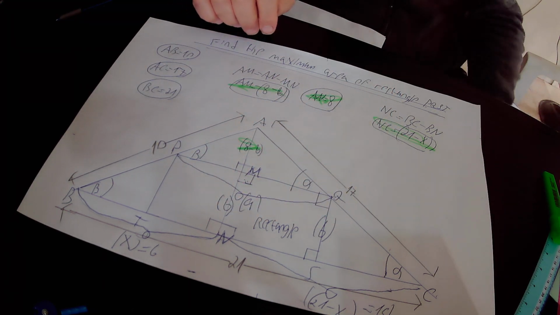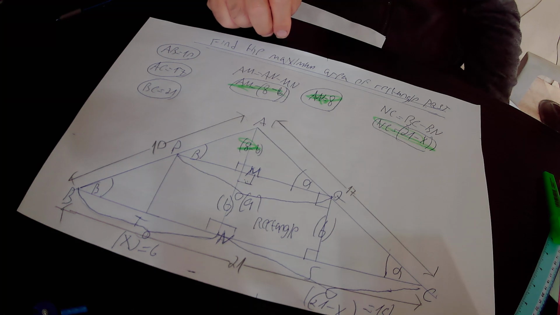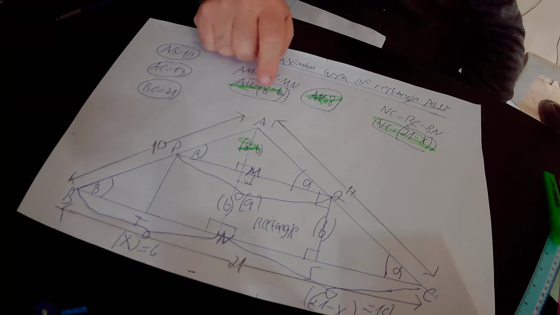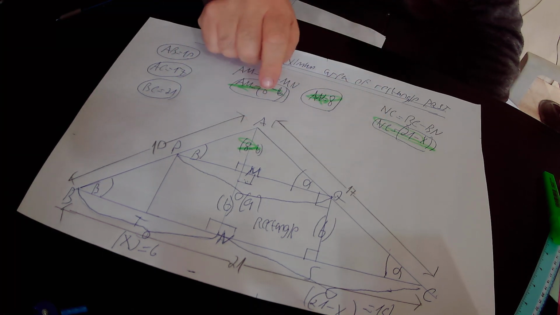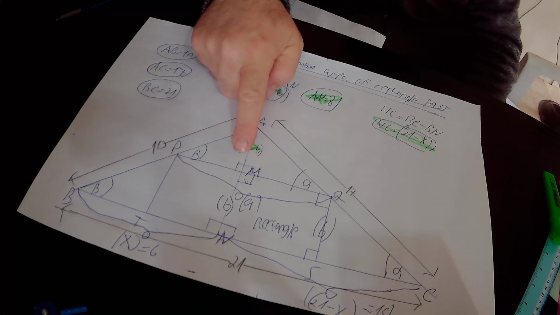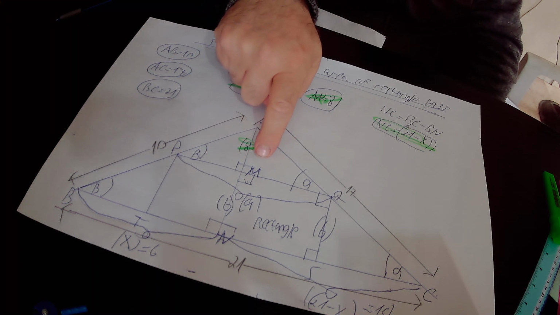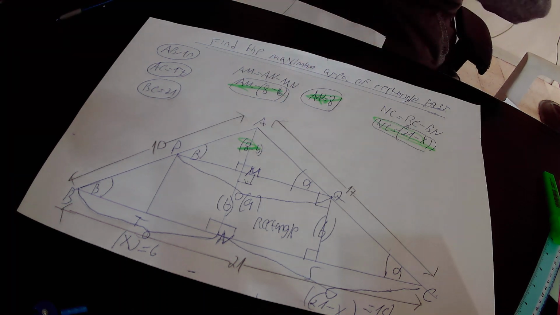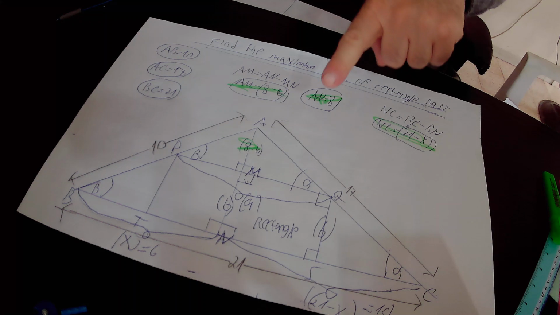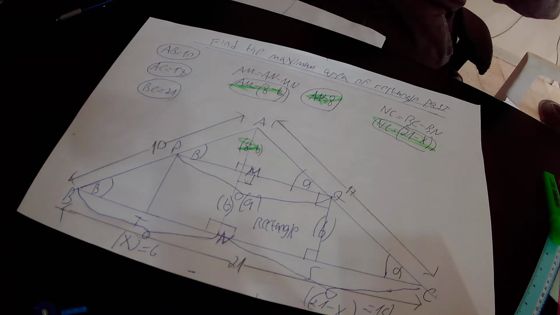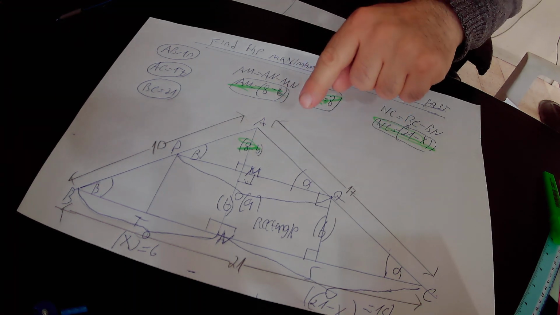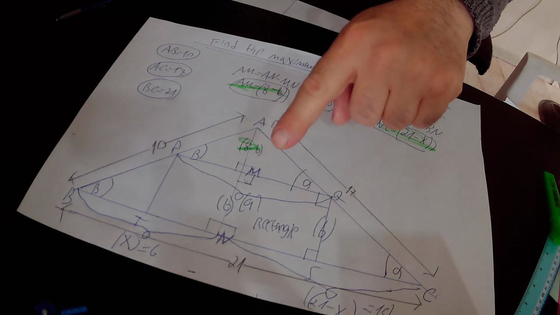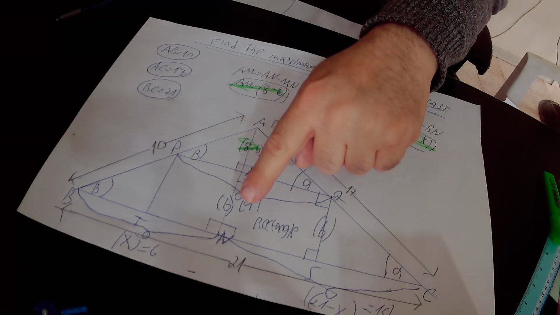In the first step, we did a construction. From point A, we drew a perpendicular on PQ. So this angle equals 90 degrees, and this angle also equals 90 degrees according to our construction. We define the touching point of the perpendicular from point A inside PQ as point M. In the next step, we extended the perpendicular AM by a straight line until it touches side BC of triangle ABC.